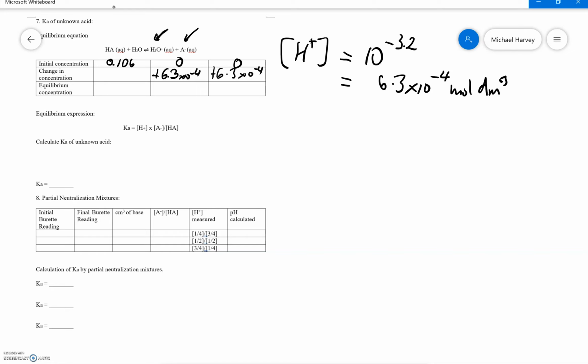Right, and obviously the acid has now been transformed into this, so you can work out the change in concentration.